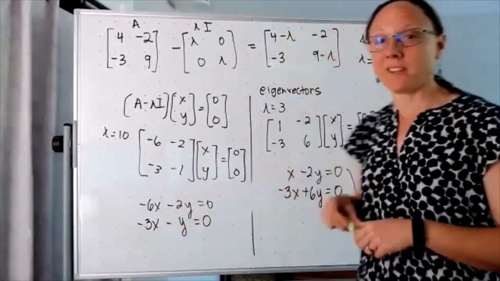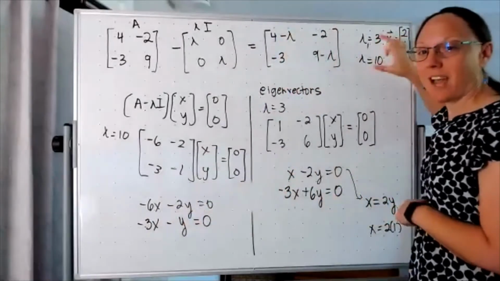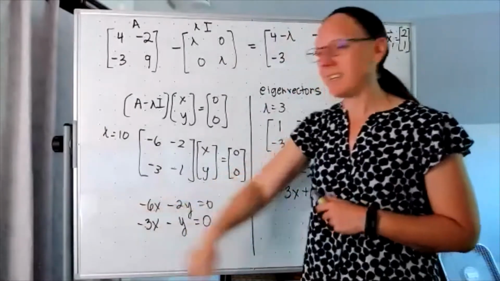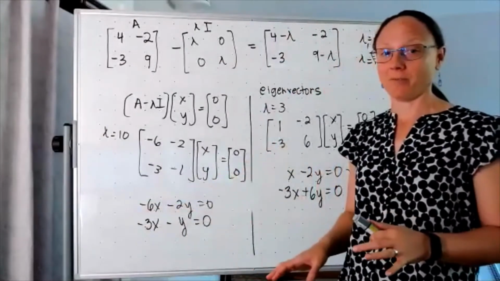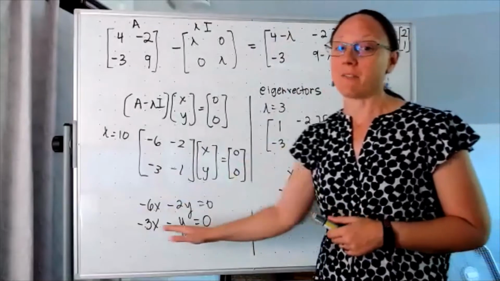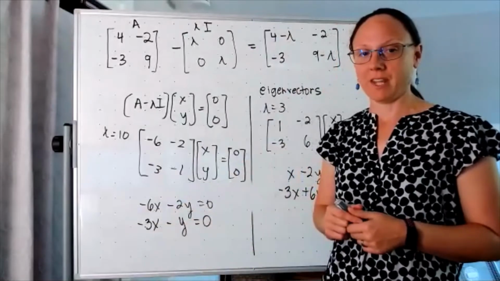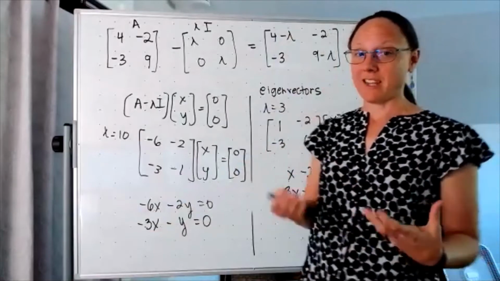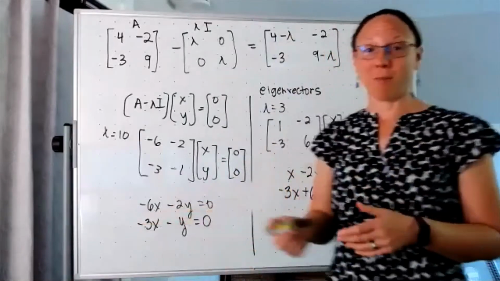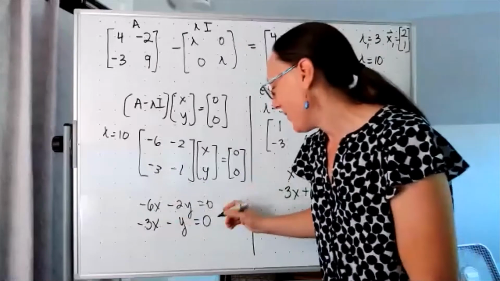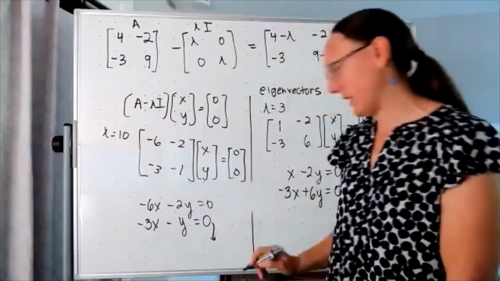Just like with the other ones, because we had two distinct eigenvalues, we expect these two equations to be identical. And they are, because if I multiply the bottom equation by 2, I get the top equation. Just to be consistent, I always choose the one with the smaller numbers. So that's going to be the second equation this time.